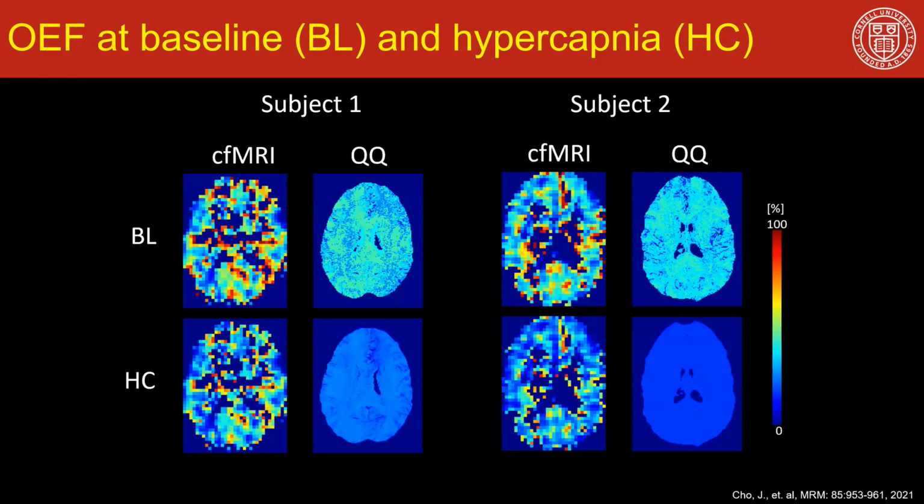For calibrated fMRI, the OEF imaging quality is visually more variable than QQ maps due to low SNR in BOLD and CBF measurements. On the other hand, the less noisy OEF map from QQ may have benefited from the usage of cluster analysis of time evolution, which improves SNR effectively. Both calibrated fMRI and QQ show lower OEF at hypercapnia compared to baseline, as expected.